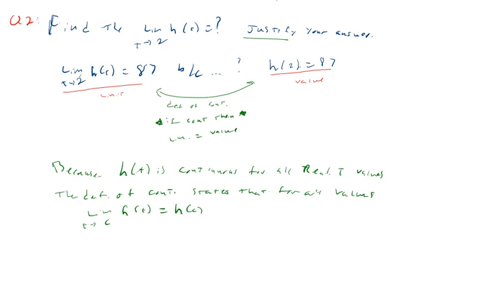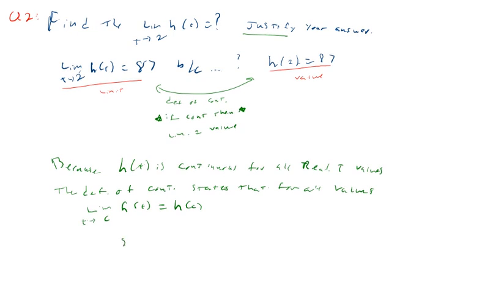So the limit as t approaches 2 of h of t equals h of 2, which equals 87. And that's what you would write.